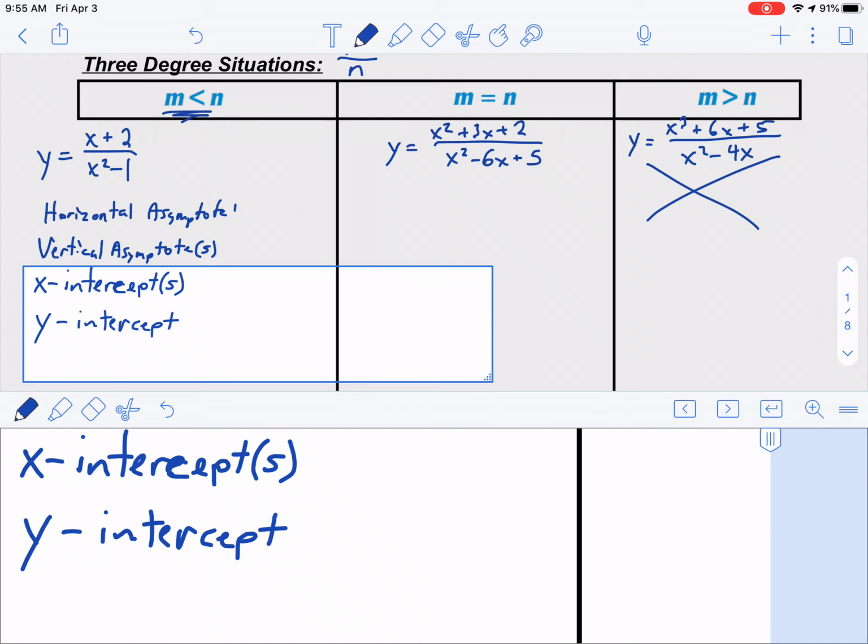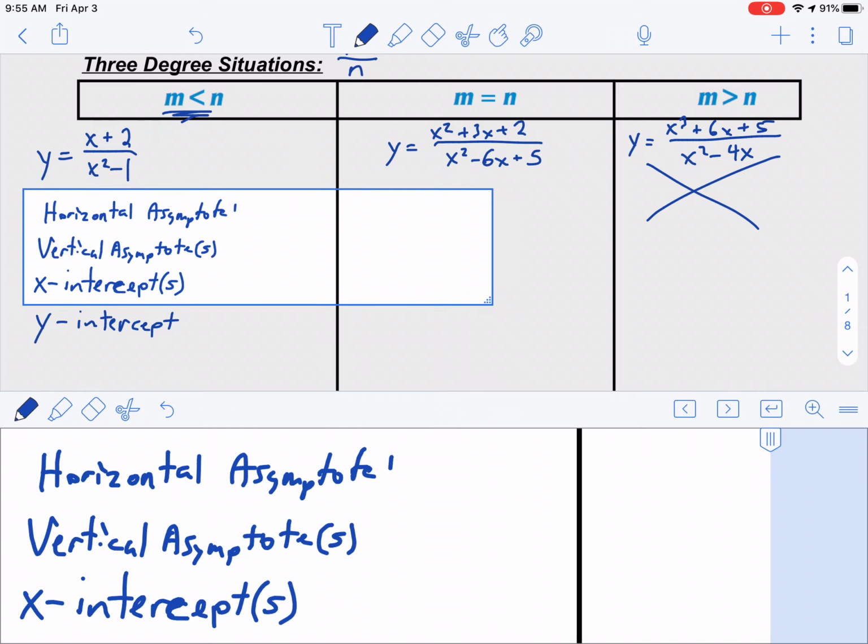All right, so horizontal asymptote. When the degree in our numerator is less than the degree in the denominator, our horizontal asymptote every single time is going to be the line y equals 0. Every time, no matter what.